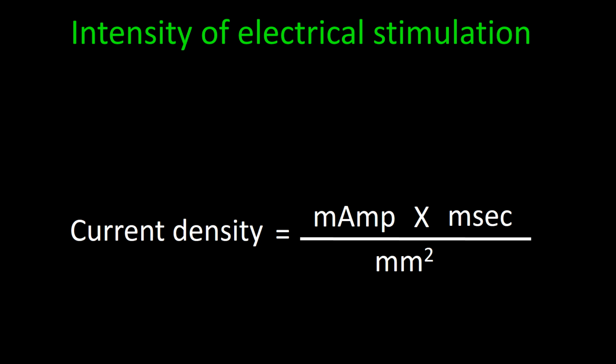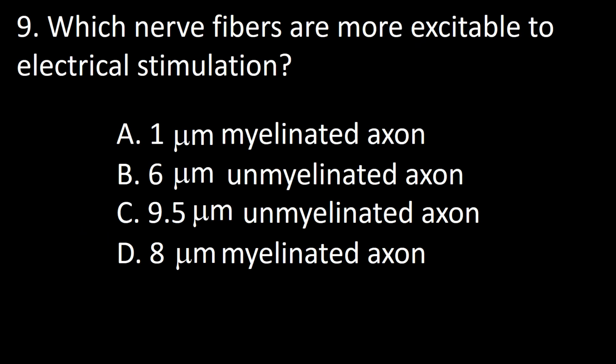Hence, if we go back to the current density formula, we can see that myelination, by being relatively resistant to current, restricts the area of the axon exposed to the current, thus decreasing the area exposed and increasing current density. So the answer to this question is D.